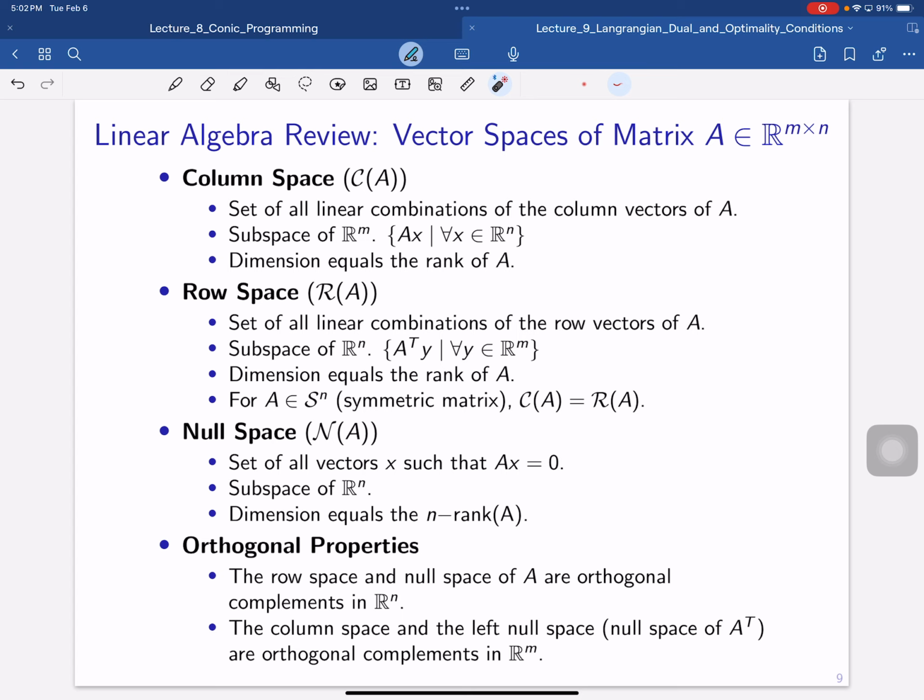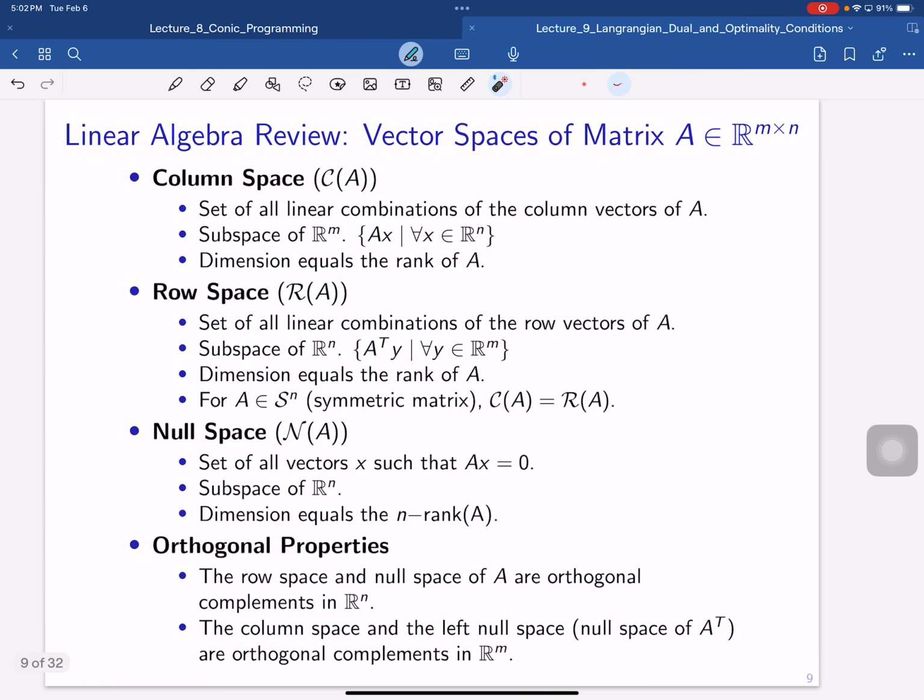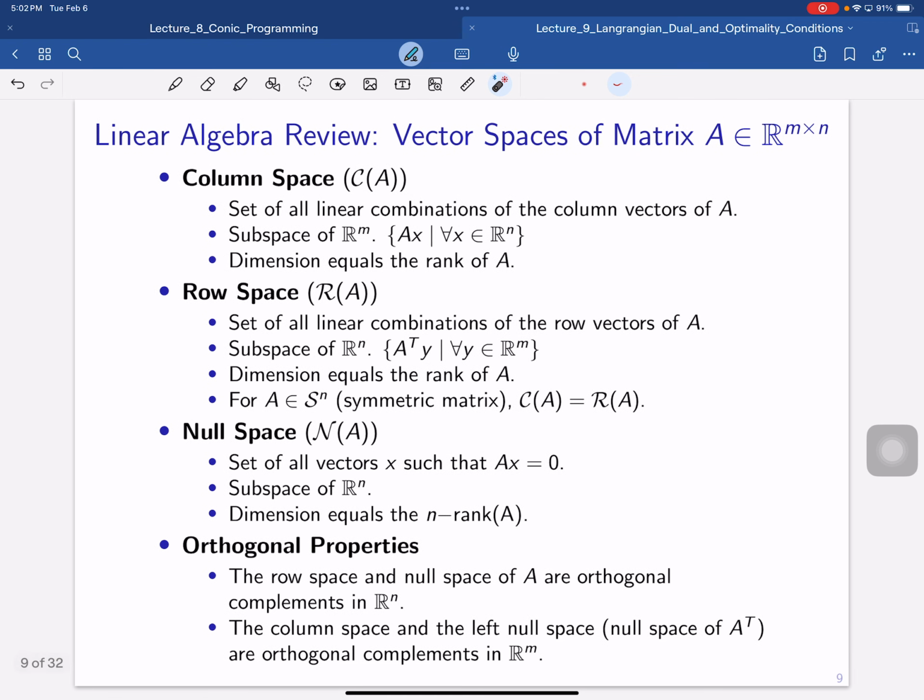This is just by definition. Any questions for this slide? Hopefully you are still familiar with those results.